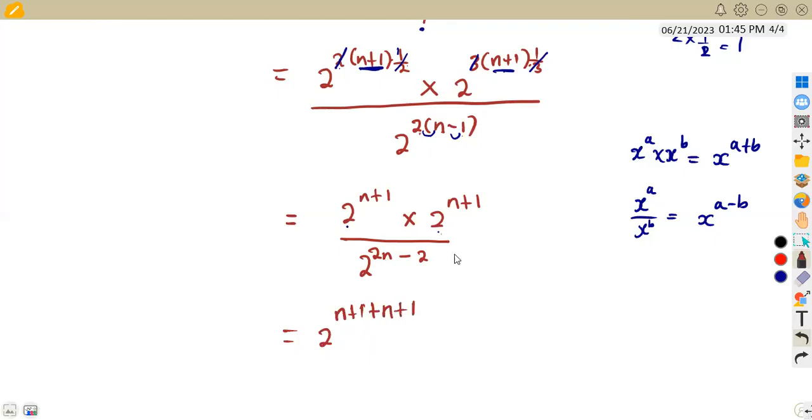But now, if you check the same base of 2 that was multiplying on top, in the denominator this time we are going to divide by the same base. So if you are dividing, we said we are going to subtract. So we are going to subtract what is in the denominator, which is 2n minus 2.